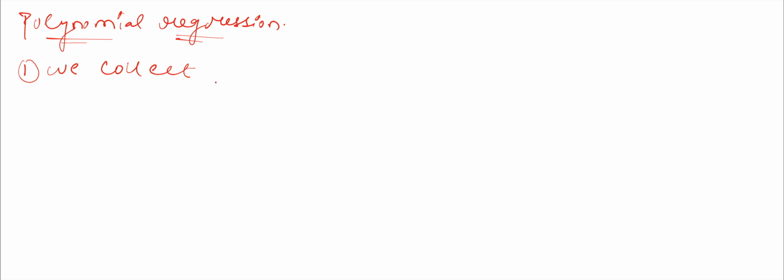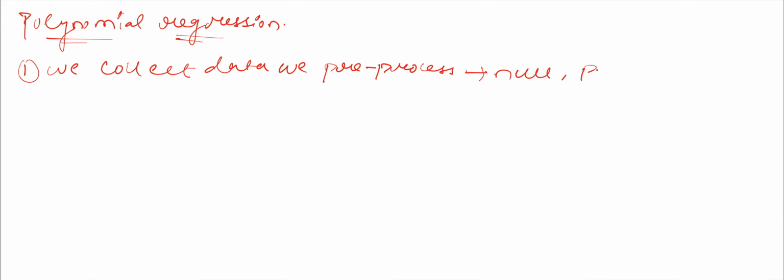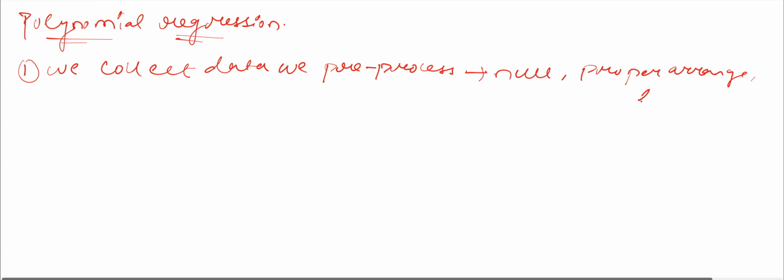That's the basic thing. Then we pre-process it, like remove the null values, properly arrange and label them.